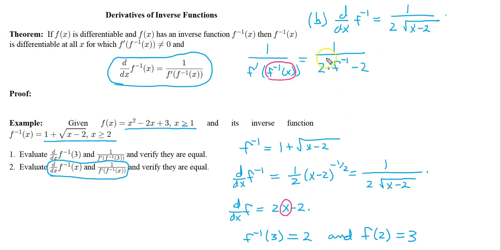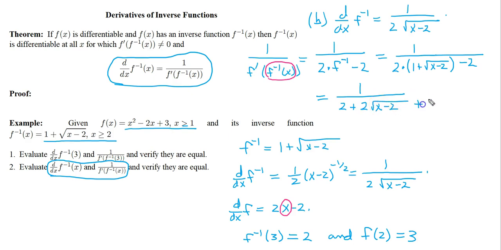And now we have to evaluate this and verify it's equal to this. And let's see, f inverse was what? It's this right here, right? So it's going to be, and then distributing this 2, we get, oops, and that should be a minus 2.